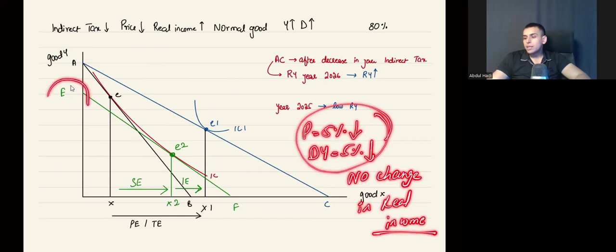Now, EF is an imaginary drawn line which says that if your price level is falling, keeping your real income unchanged, what will be the effect on the overall consumption? It is very logical, and we have also learned in the equimarginal principle that if the price level of a certain good falls, people will be more inclined towards that good.